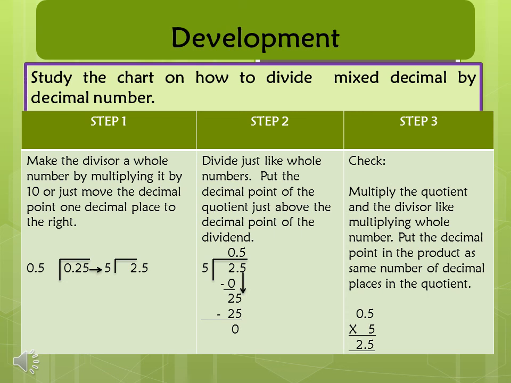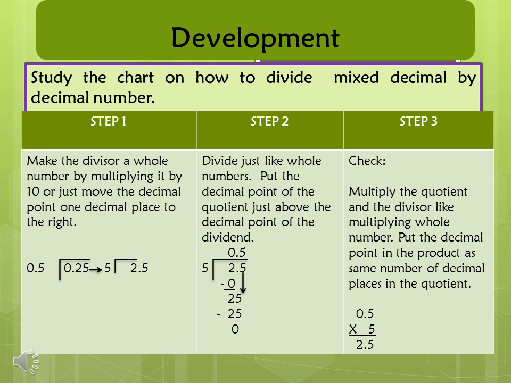So, ulitin natin ha. Yung 5/10 nyo, imumove nyo ng isang decimal place, so magiging 5. Yung namang 2500s ninyo, imumove nyo ng isang decimal place, going to the right, magiging 2.5. And then, pagkatapos yan, pupunta na tayo sa step 2.